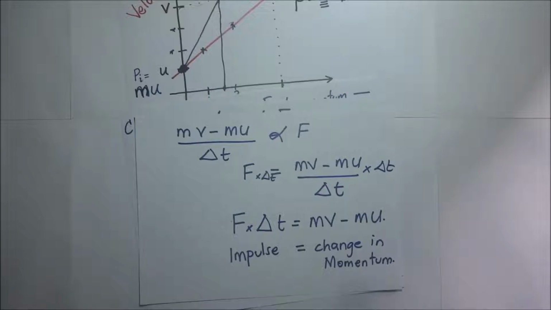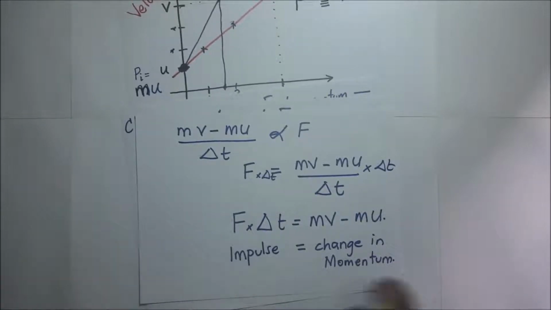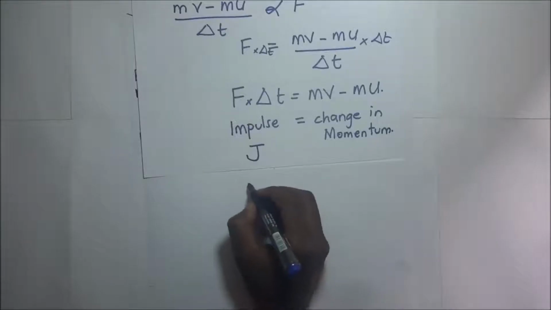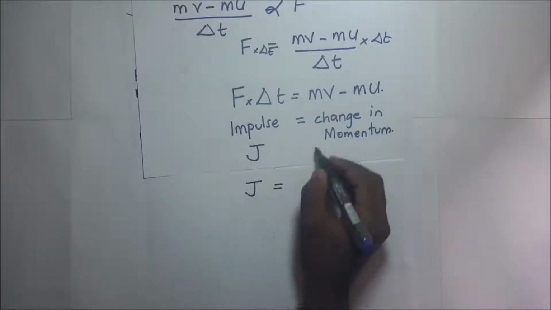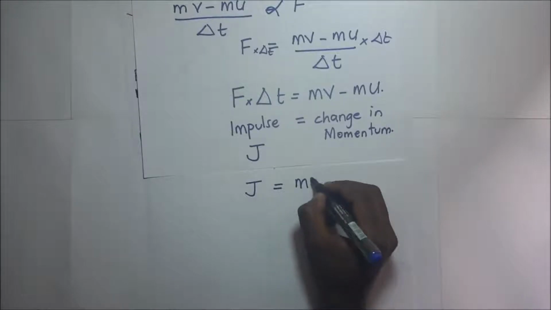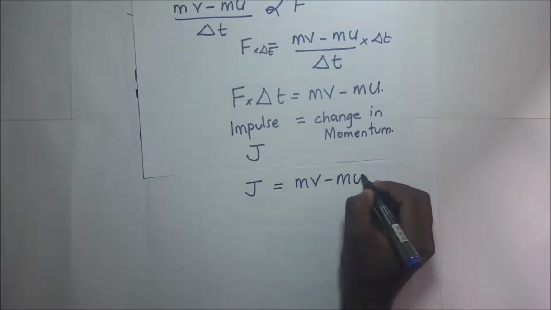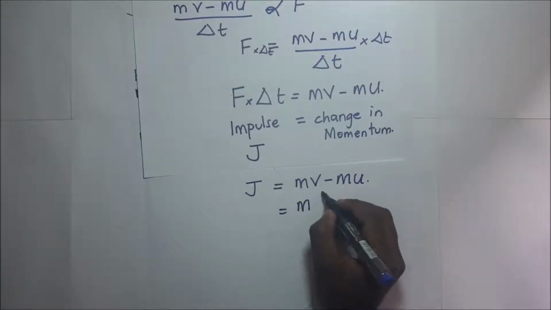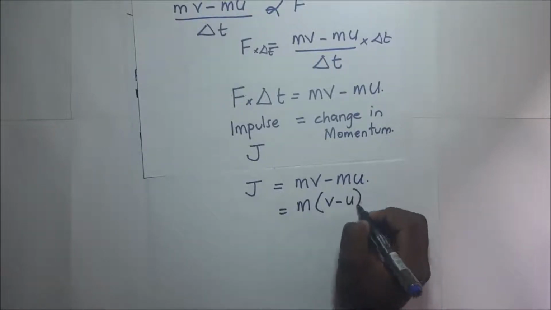And of course, impulse is conventionally given the symbol J. So J, which is the impulse, is equal to the change in momentum, which is mv minus mu. If we take m outside the brackets, m times v minus u.